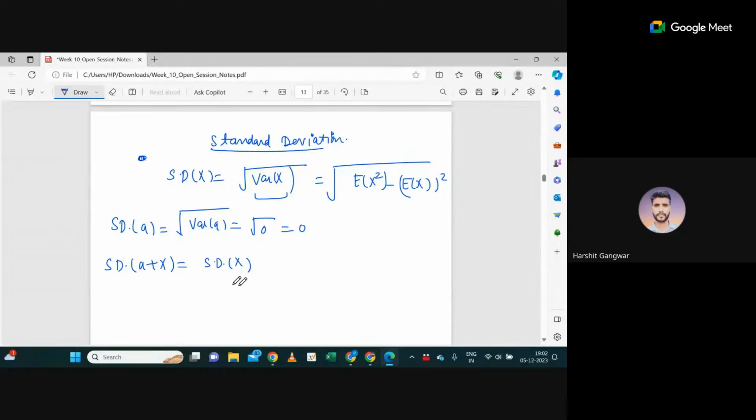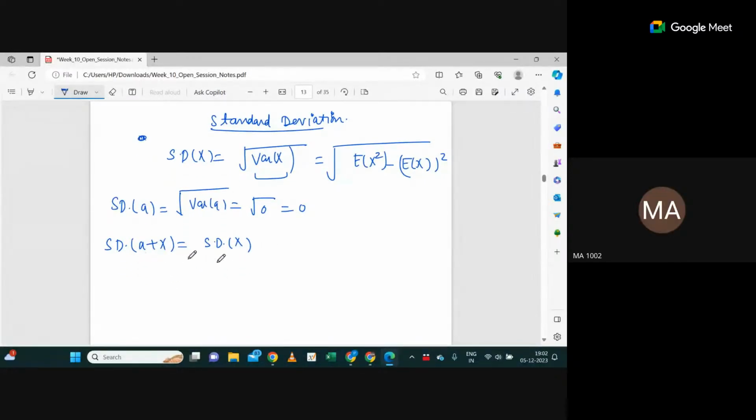You can simply prove it: standard deviation of a plus x is the square root of variance of a plus x. We know variance of a plus x is the same as variance of x, and the square root of variance is the standard deviation.